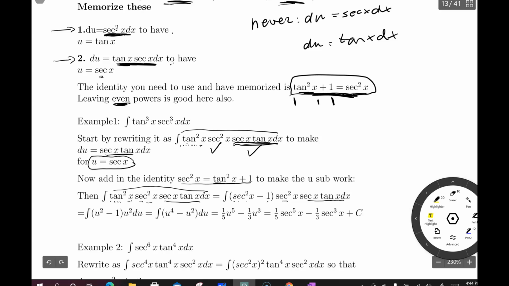Okay, now it's time to put the u's in. So u is secant, so there's secant squared minus 1. Here's another u squared. And then all of this is du. Multiply this out, and then take the antiderivative by increasing the exponent, and then putting the x's back in, the secant of x in for the u.